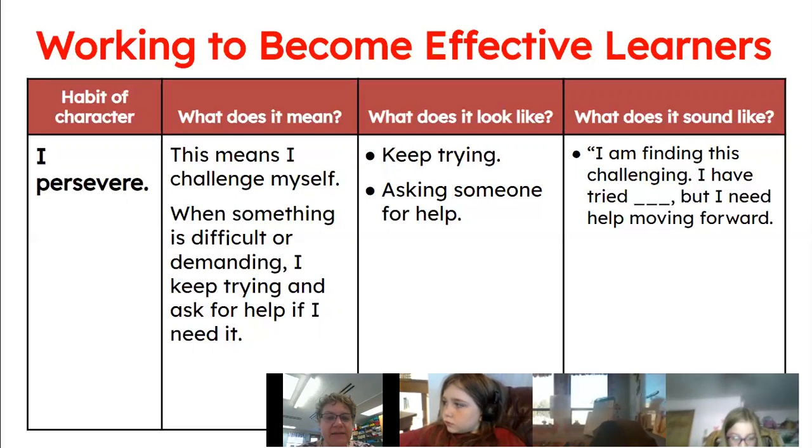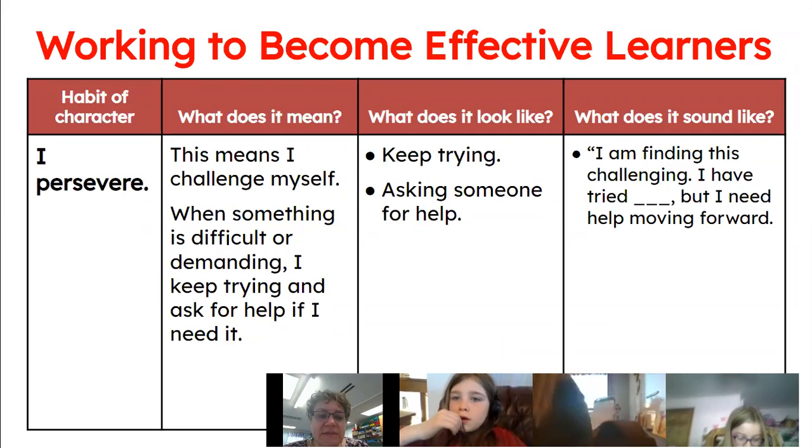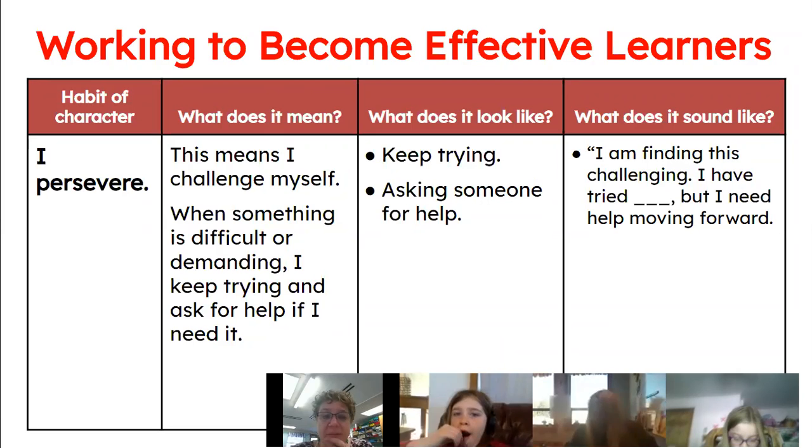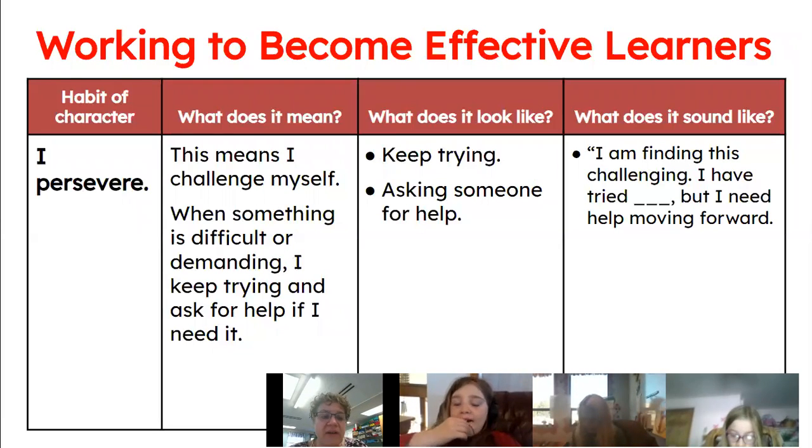When we were talking to Mrs. Creel and Mrs. Woodland on Friday about this test, and because they are going to be the ones grading it, we talked about that, you guys have been working so hard and you guys can persevere. You're totally capable of doing this. And sometimes you have to challenge yourself. Sometimes things are hard and you just have to say, I can do this, right? Even if it's difficult or demanding, you keep trying.